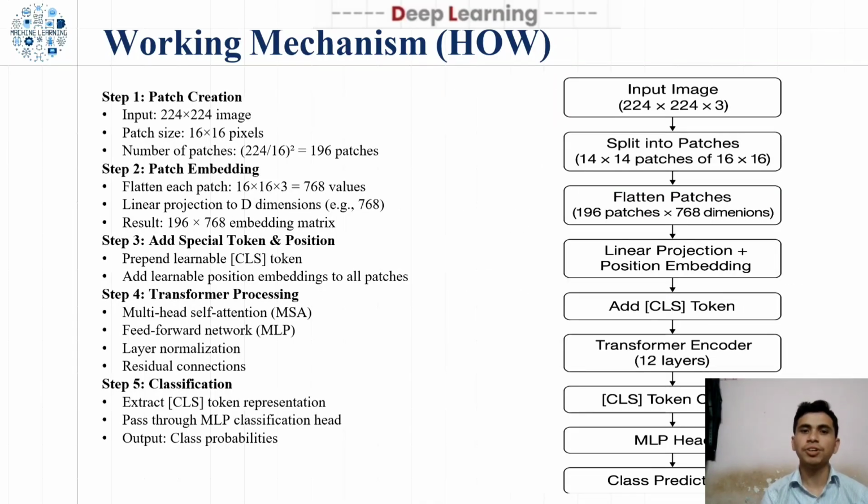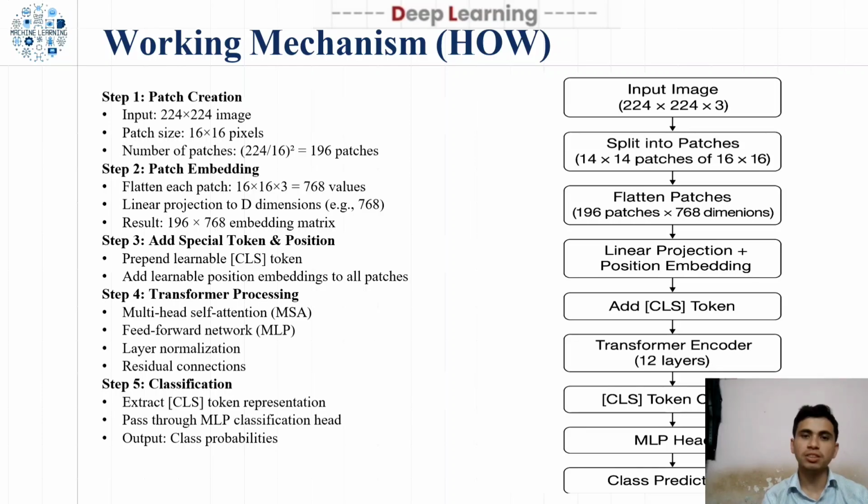Let's dive deep into how the vision transformer actually works. I'll explain this through a step-by-step process. The overall architecture follows a clear pipeline where we start with the input image, typically 224 by 224 pixels with three color channels. This image is split into patches. For a 16 by 16 patch size, we get 14 by 14 patches, totaling 196 patches.